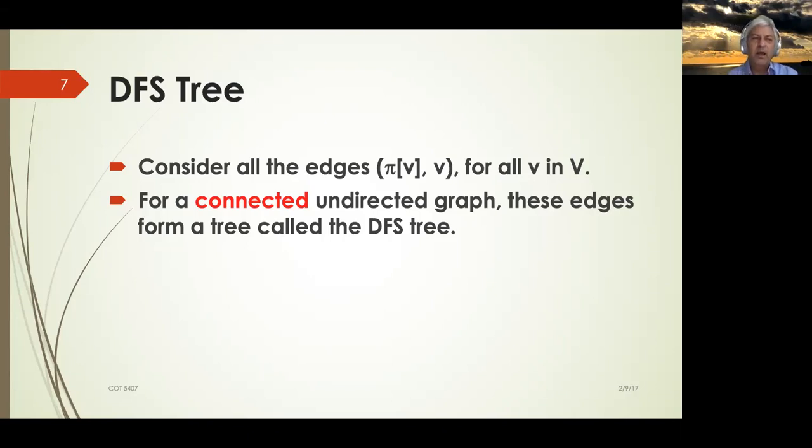Okay. Now, here is a property that's going to be very, very useful. This one says, if I gave you an undirected graph instead of a directed graph, and if the graph is already connected, then the depth first search tree will connect everything.